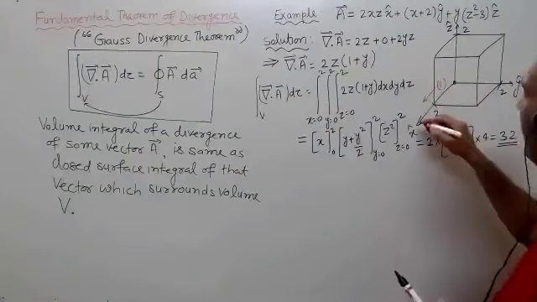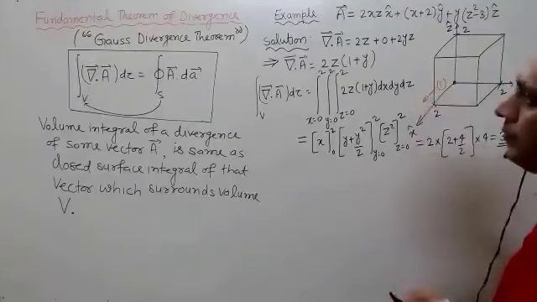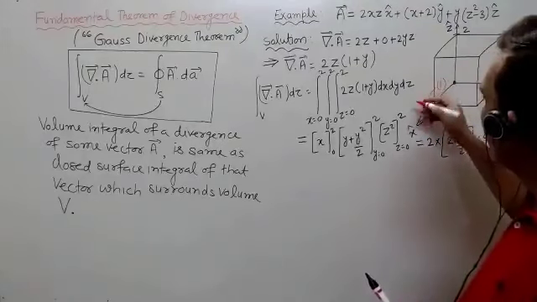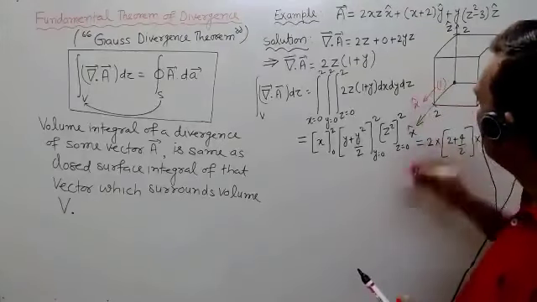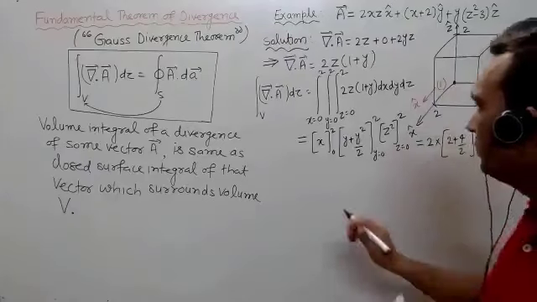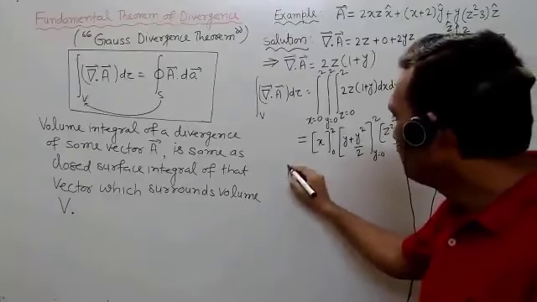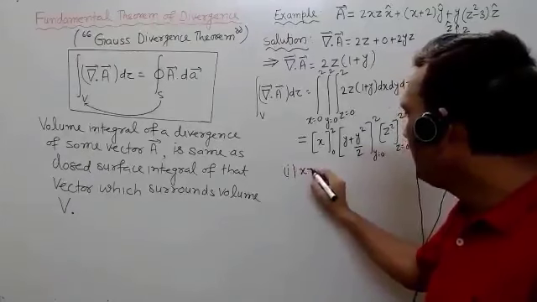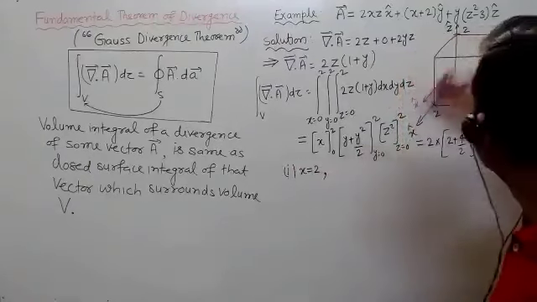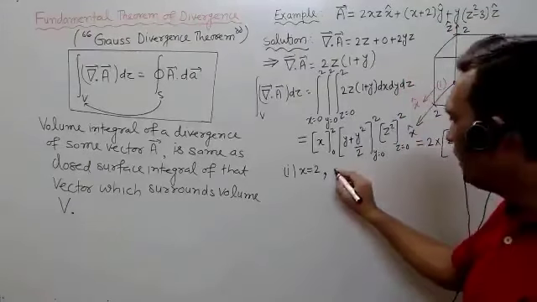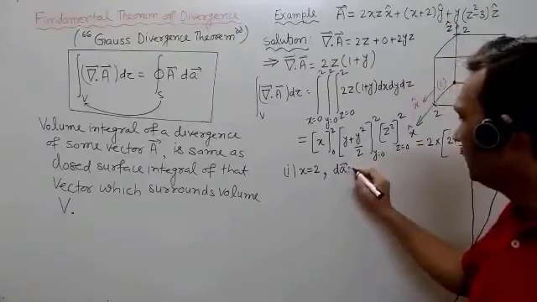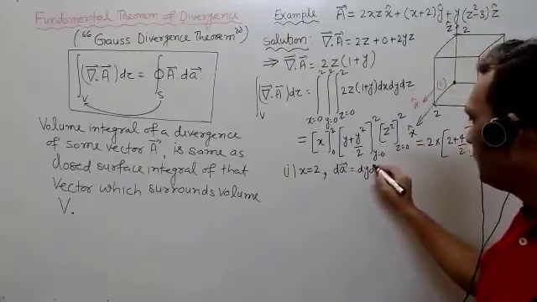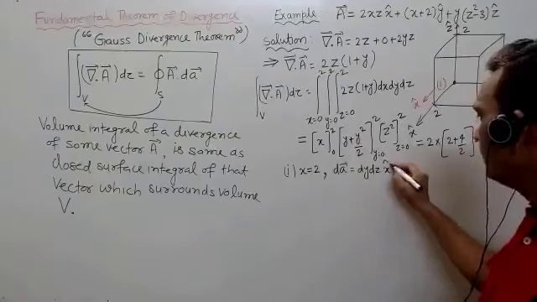And direction will be area element on the surface 1 perpendicular to the surface pointing outward. So direction will be x cap. So surface 1 is x is equal to 2 plane. And what will be dA over this surface? dy dz x cap.